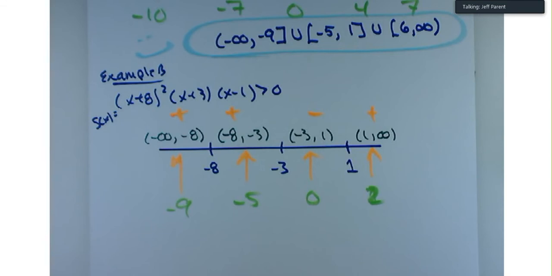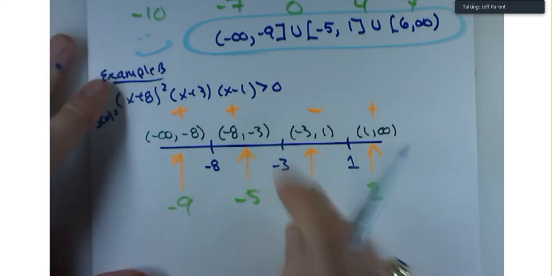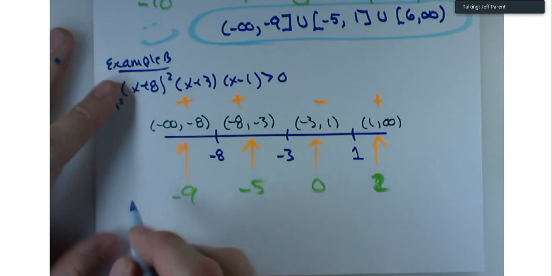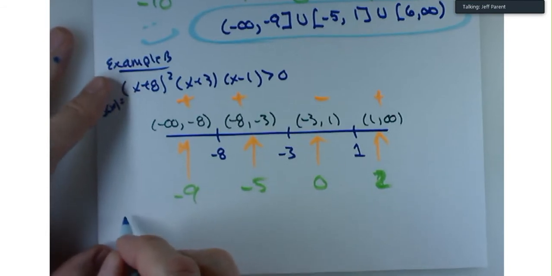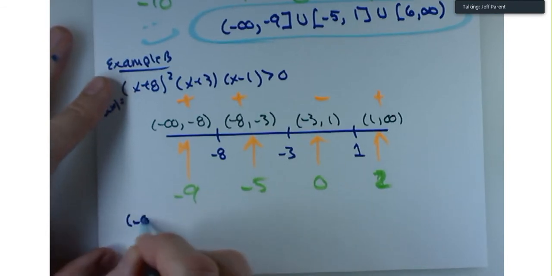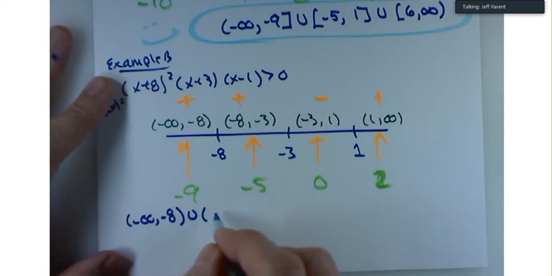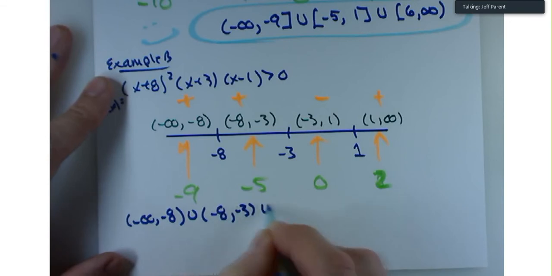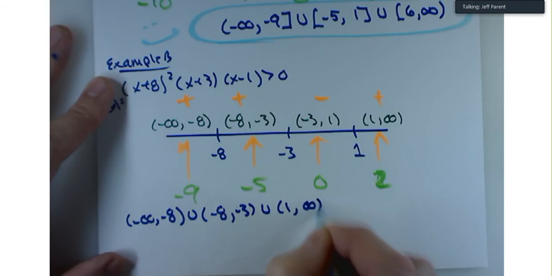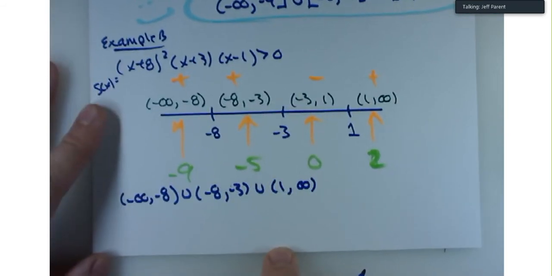Which interval or intervals do I want? Well, I want the positive ones. So that would be negative infinity to -8 union -8 to -3 union 1 to infinity. And that's fine like that.